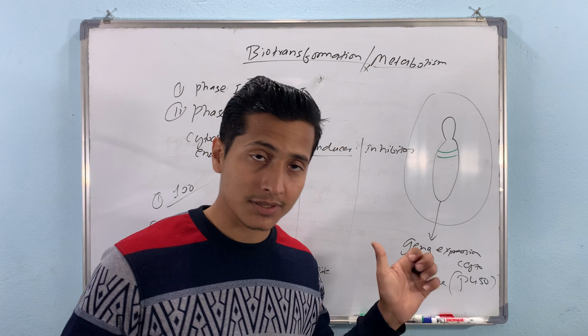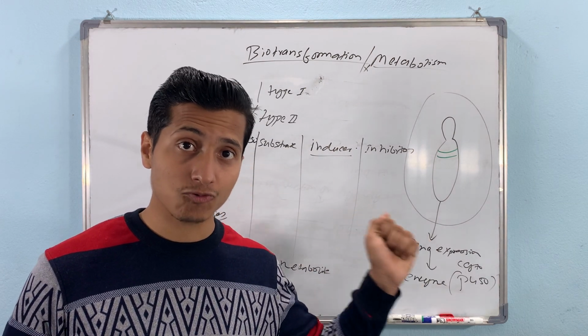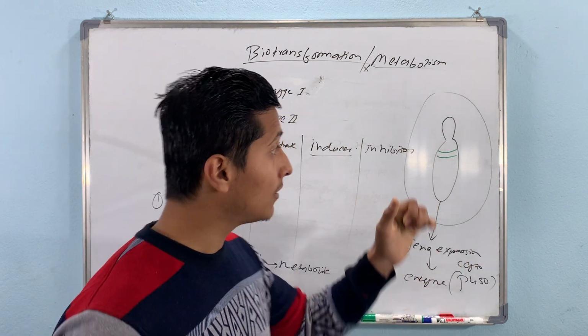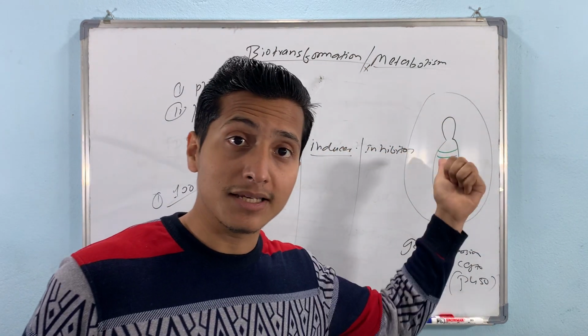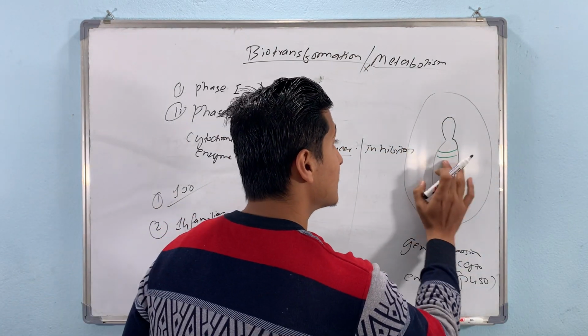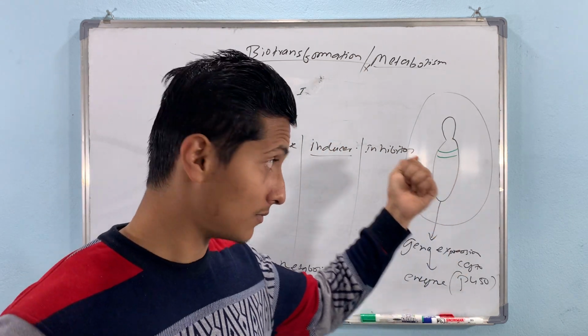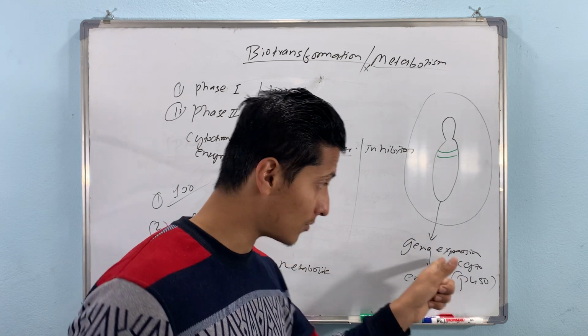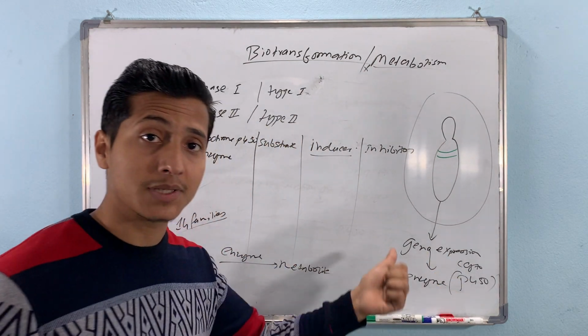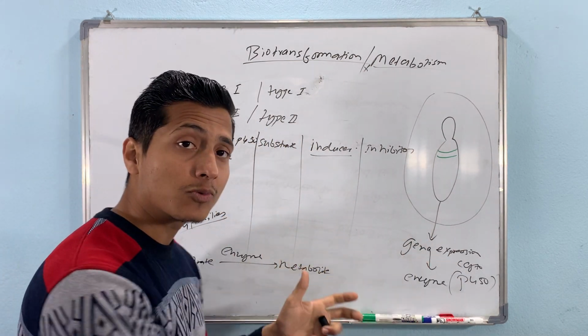This is how cytochrome P450 enzyme is normally produced by the cell. This is a cell, and this is the chromosome inside the nucleus of the cell. Now, this is the gene in the chromosome. When the gene is expressed, the enzyme is formed. This is how the cytochrome P450 enzymes are formed. This is what normally happens in the cell.